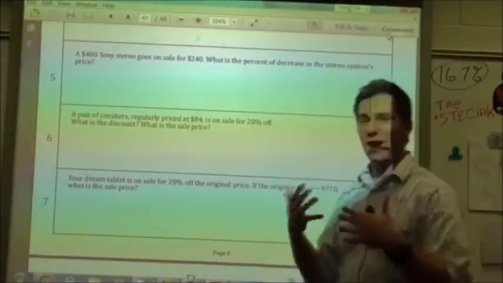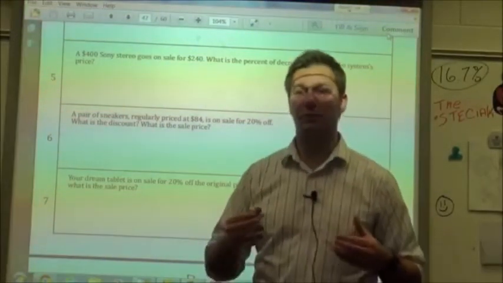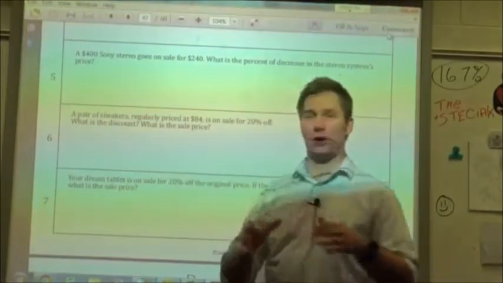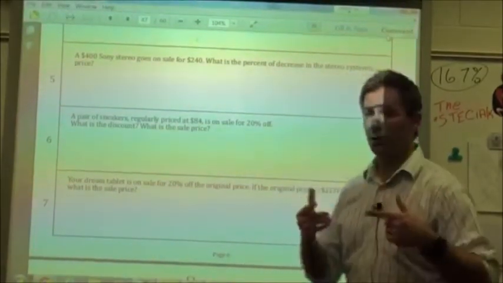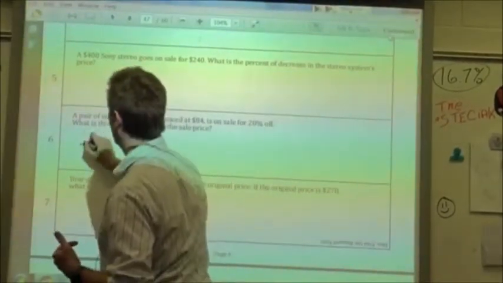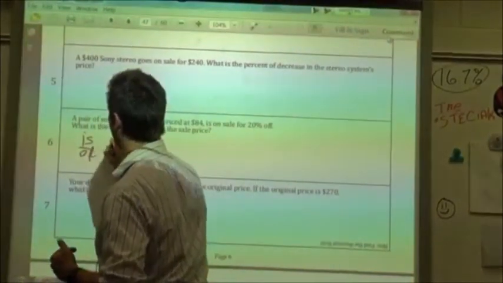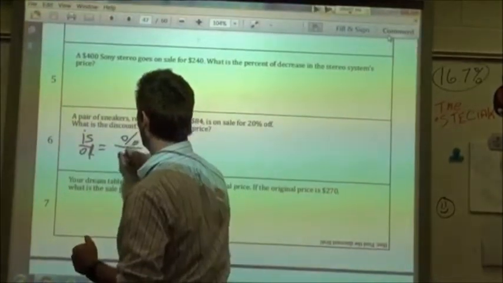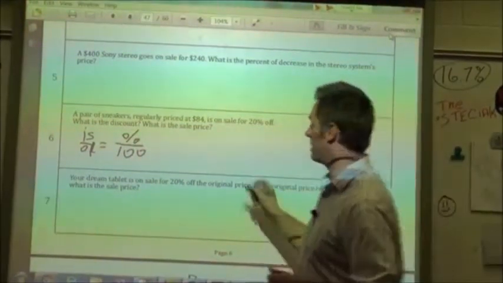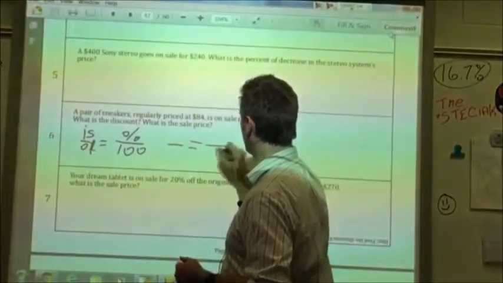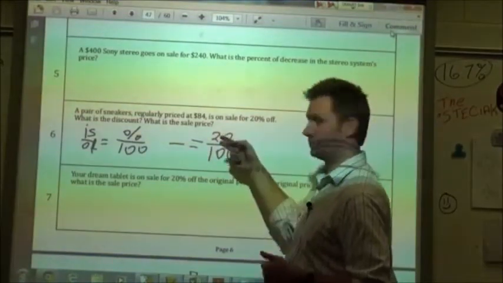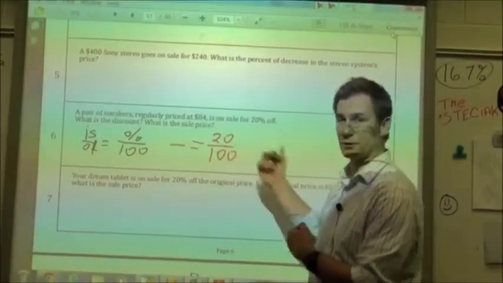So we need to find the value of that discount in dollars, which means we are looking for 20% off $84. Here we're going to use our formula that we used before, which is is over of equals percent over 100. So let's put this together. We know we're looking for 20%. That's why 20 goes on top of the 100.